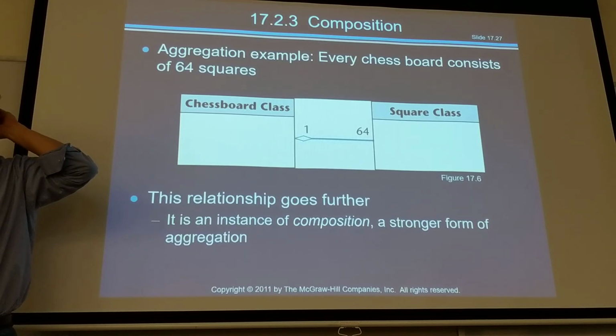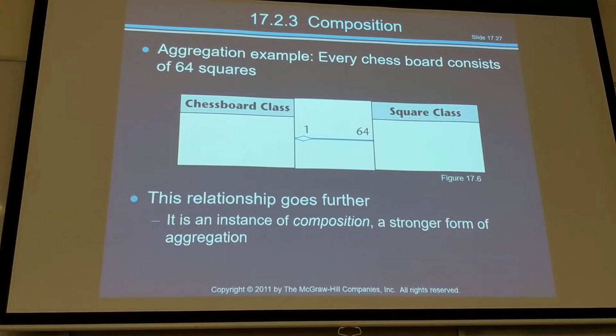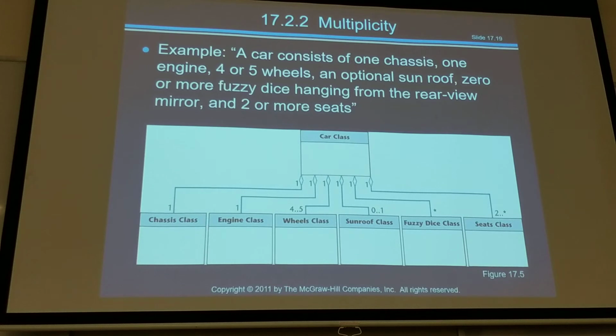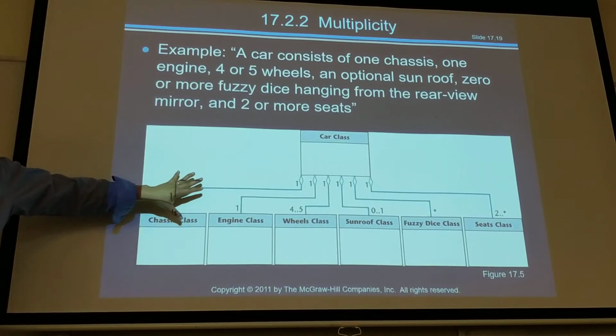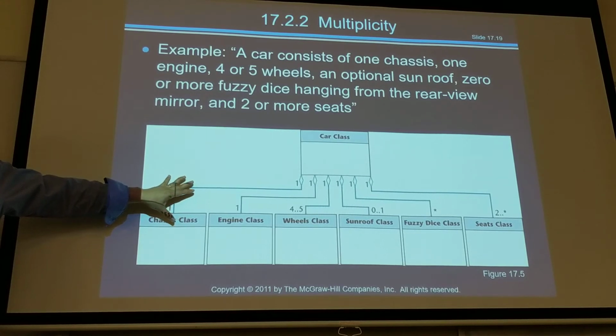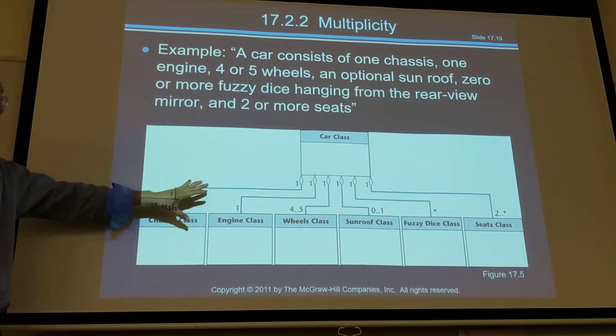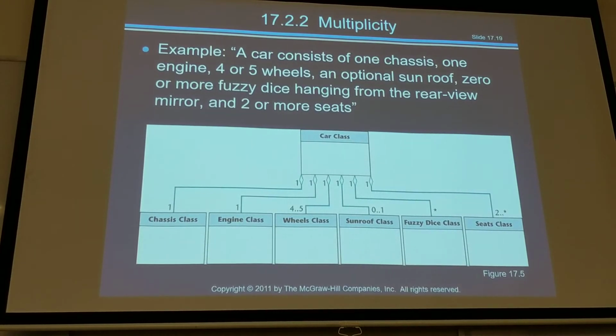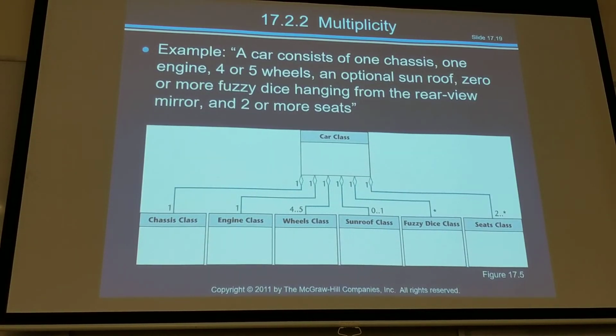Otherwise, it's incorrect. So some of the information you have here, multiplicity, is actually enforceable. Some of it is not enforceable, or you don't necessarily want to enforce it, but you can actually enforce it in code. So this says how many components we have and their relationships. Okay. That's it for your class diagram.